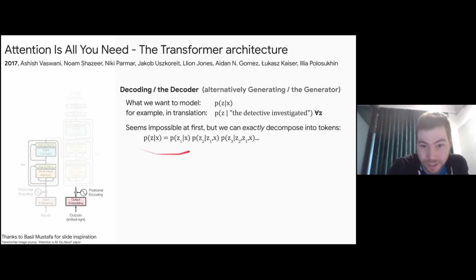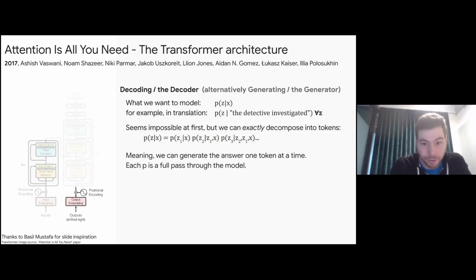So we can decompose this as the probability of the first token given the English sentence, times the probability of the second token given a specific first token and the English sentence, times the probability of the third, and so on, and so on. This way you can actually generate or sample one token at a time. And there is an exact equality here. So this is exact, there is no approximation.